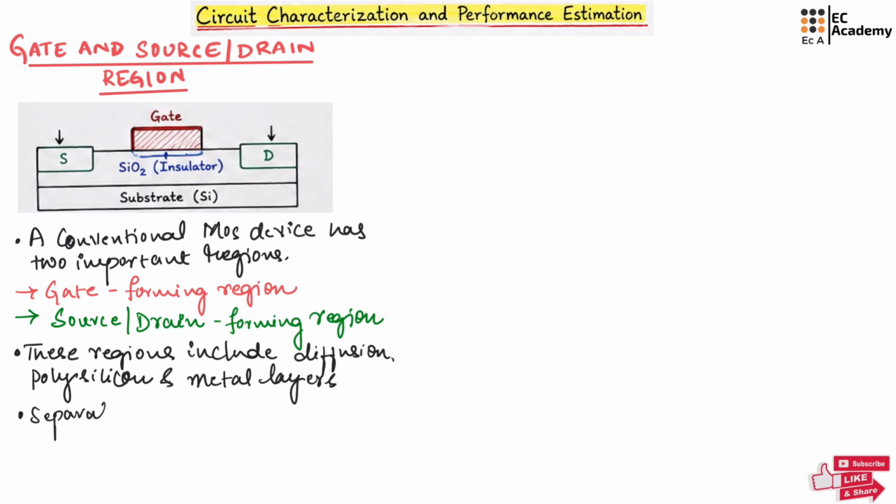And there is an insulating layer separating these regions. So you need to remember, the MOS device has a gate region and a source and drain region which is separated by an insulating region. Here the gate region and source drain regions are two major parts in a MOS transistor.